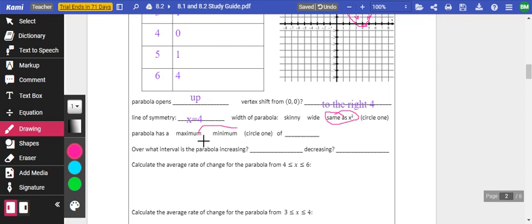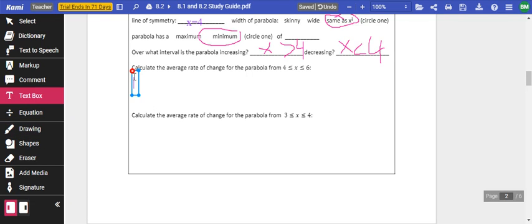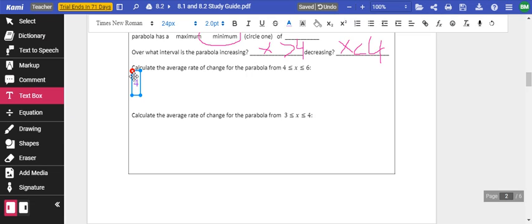It has a minimum. Where is it increasing? When x is greater than 4, it increases. When x is less than 4, it decreases. And we've got those fun find a slope things again. So when I plugged in 4, I got 0.